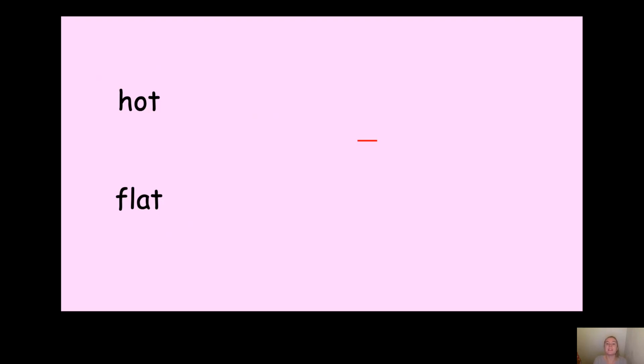It is a single letter vowel, just an O. So therefore, my word ends in a consonant and has a single vowel before. So therefore, we need to follow my rule, don't we, of doubling the consonant at the end to make hot, double T, and then we add our suffix est to make hottest.